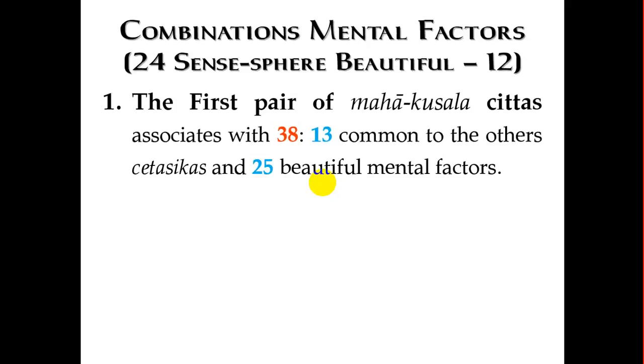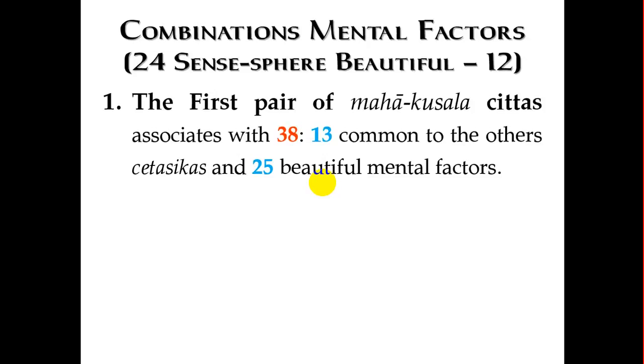The first pair of Mahakusala cittas associate with 38 cetasikas: 30 common to the others, and 25 beautiful mental factors. As I said, we can divide the 52 cetasikas into 3: common to the others, 40 unwholesome cetasikas, and 25 beautiful mental factors.